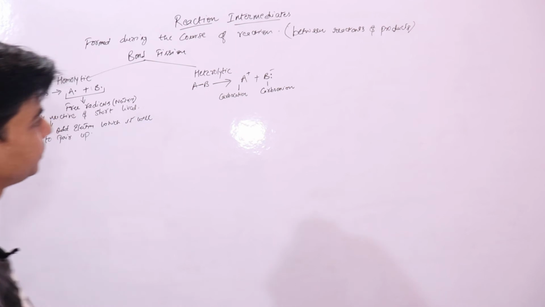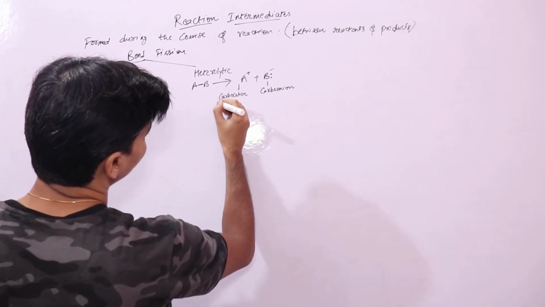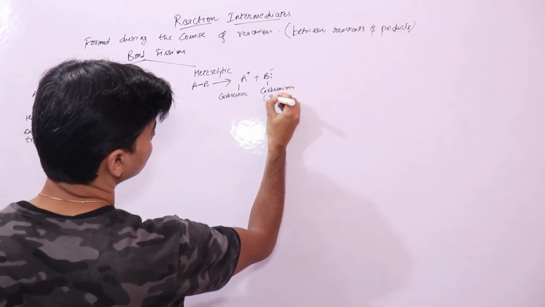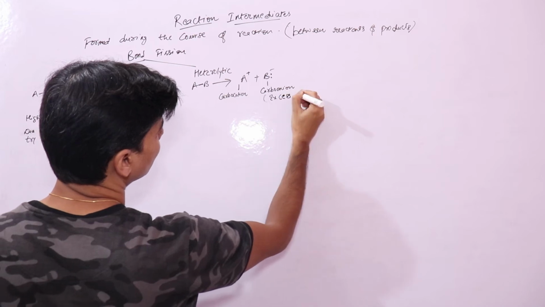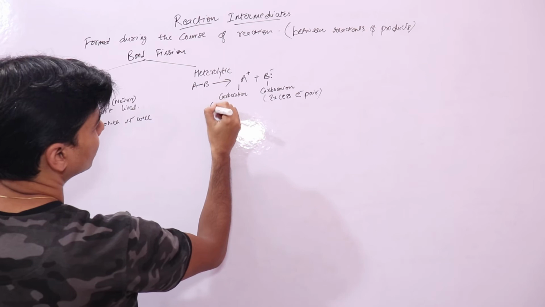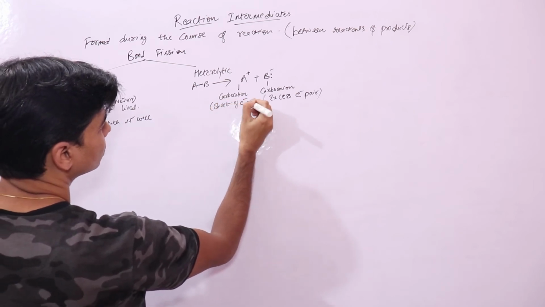reaction intermediates, right? So these have excess electron pair, and this is short of electrons.